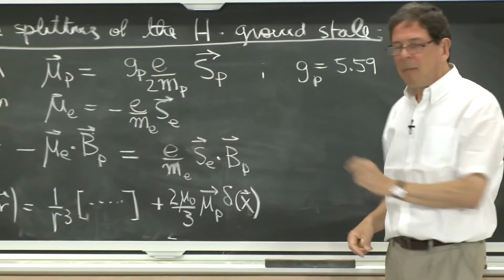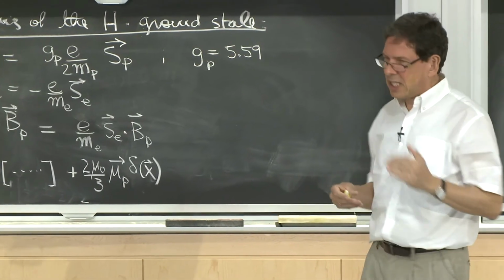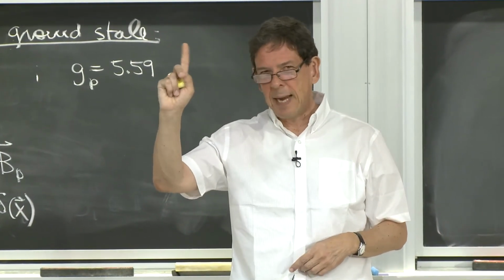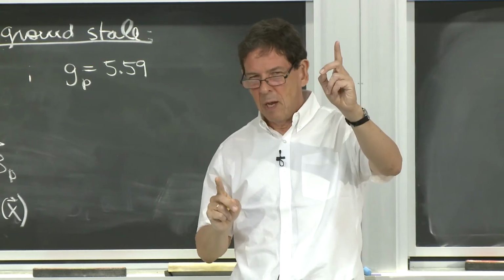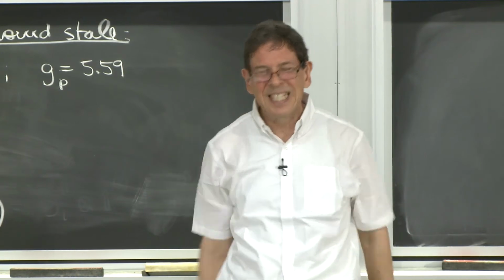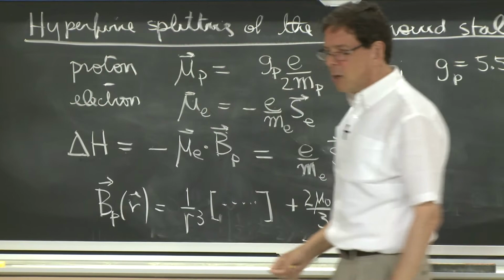This is a slightly more delicate thing because we have 4 degenerate states. Those are the states with the spins of the electron up and down and spins of the proton up and down. So you have 2 and 2, so 4 basis states. They're all degenerate before you put this Hamiltonian.